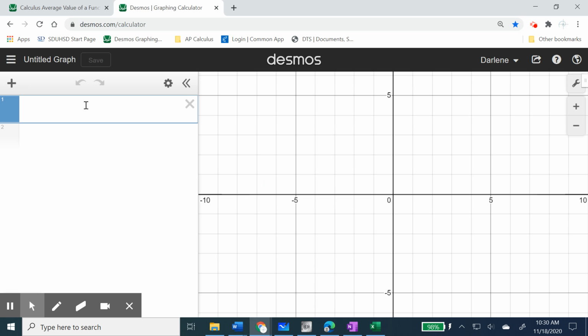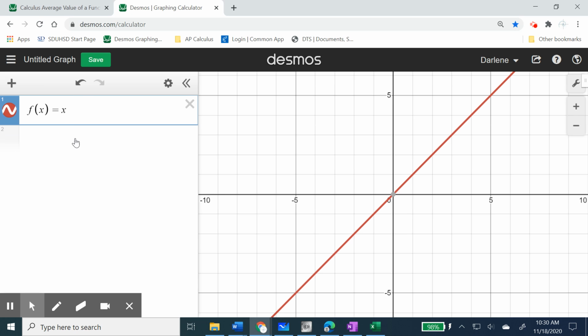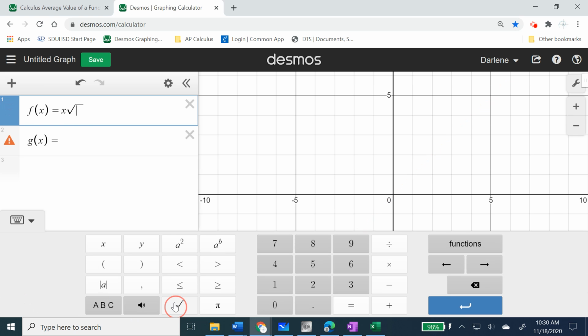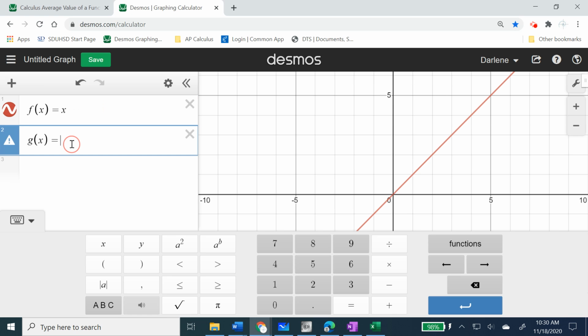So I'm just going to quickly throw in, let's say f of x is equal to x and g of x is equal to root x. This darn thing is in the way. Hide root x. No, that's not what I wanted. It changed on me. There we go, root x.